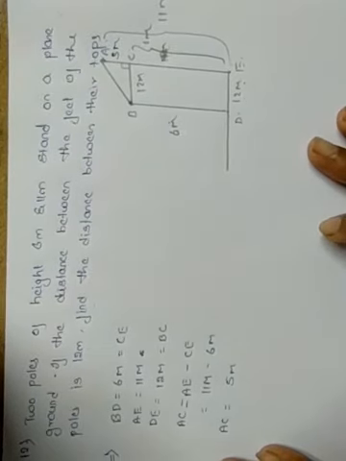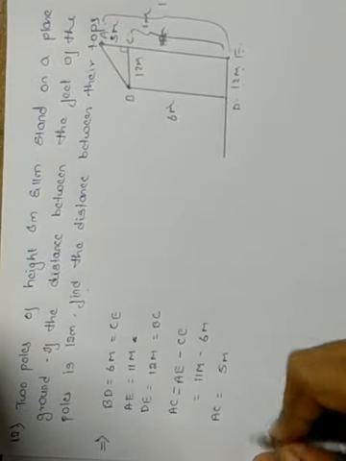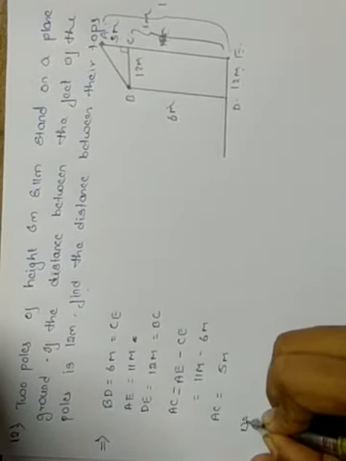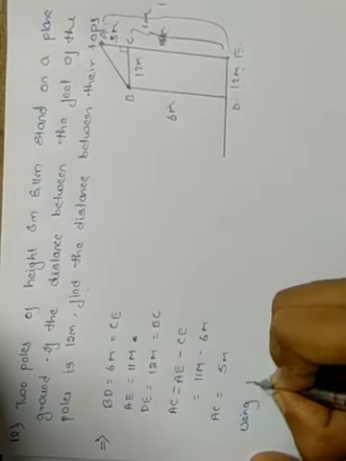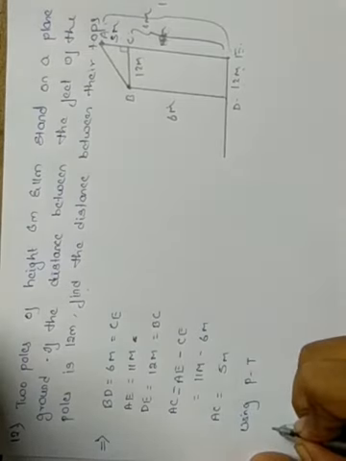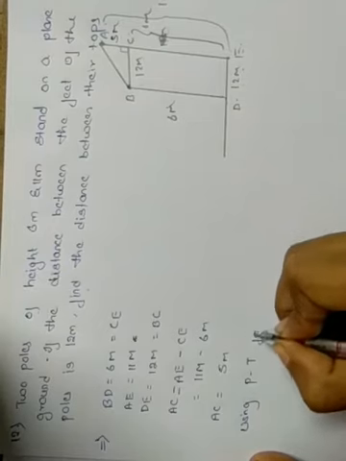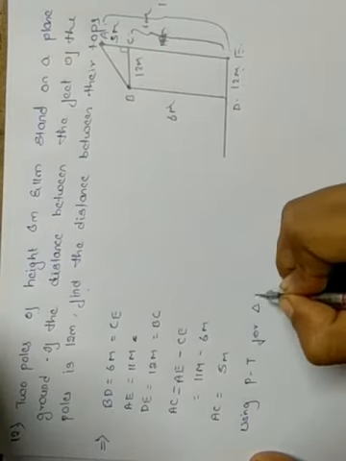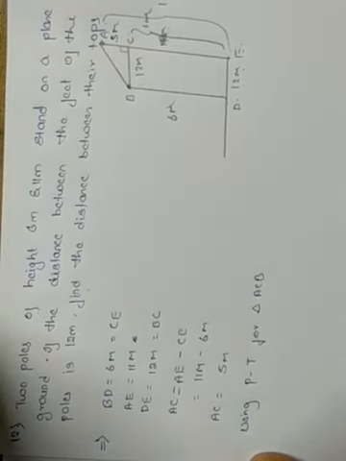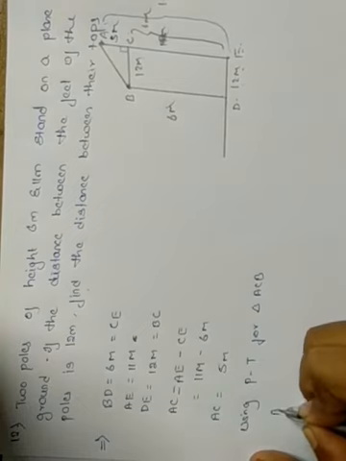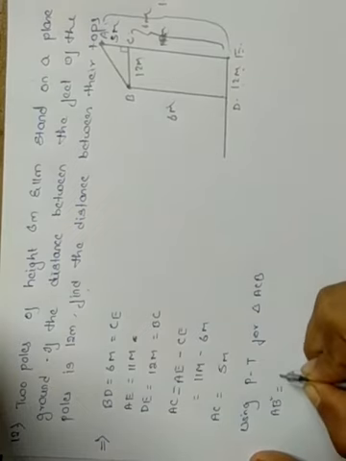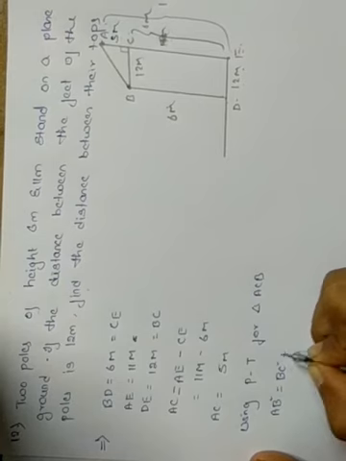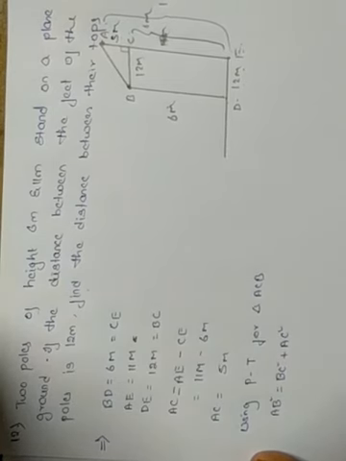Now we have to apply the Pythagoras theorem for the triangle ACB, that is AB square is equal to BC square plus AC square. Right? This is how we need to find it.